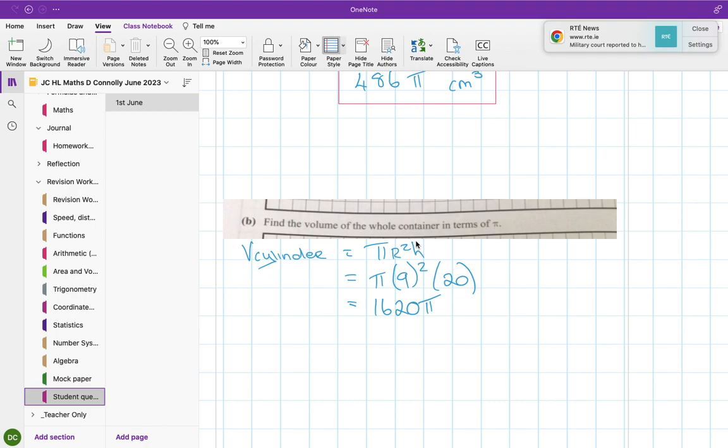So then to get the entire container, we just add the 2. So 1620 pi plus 486 pi is 2106 pi, and again centimeters cubed.